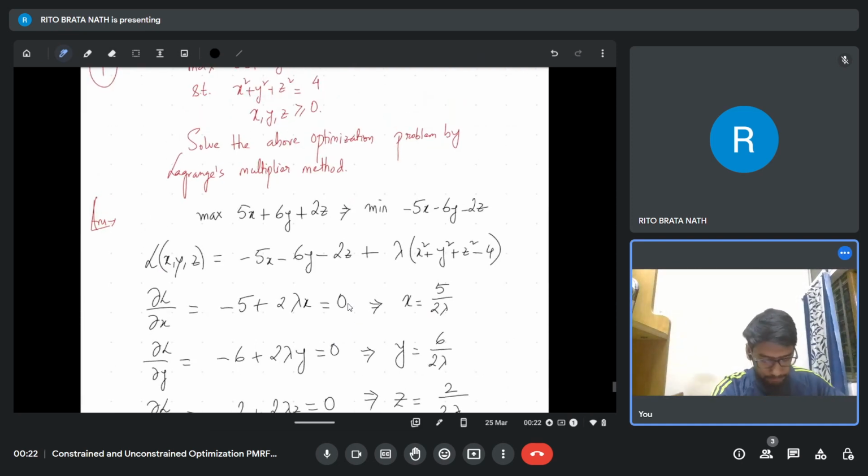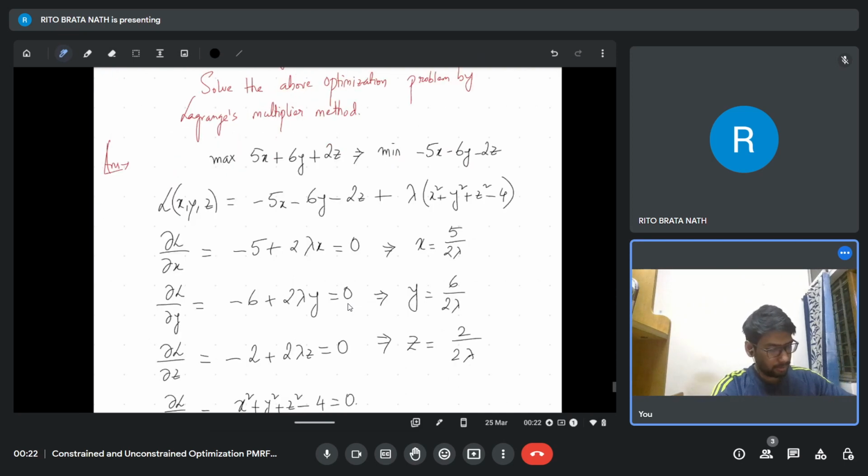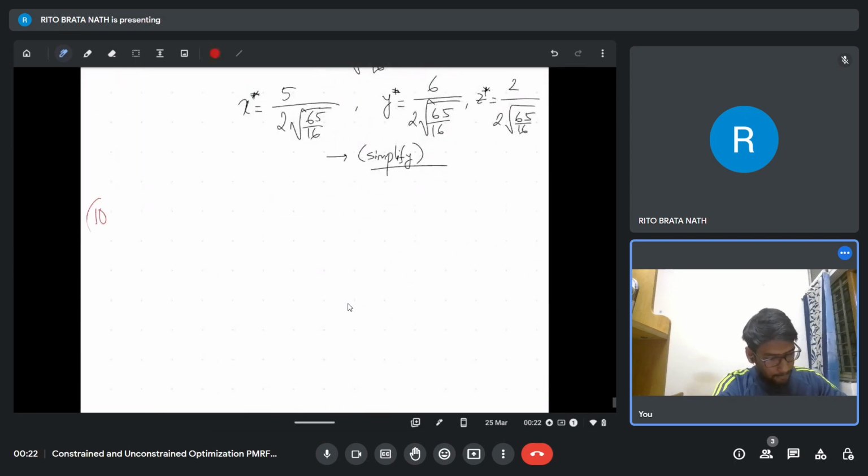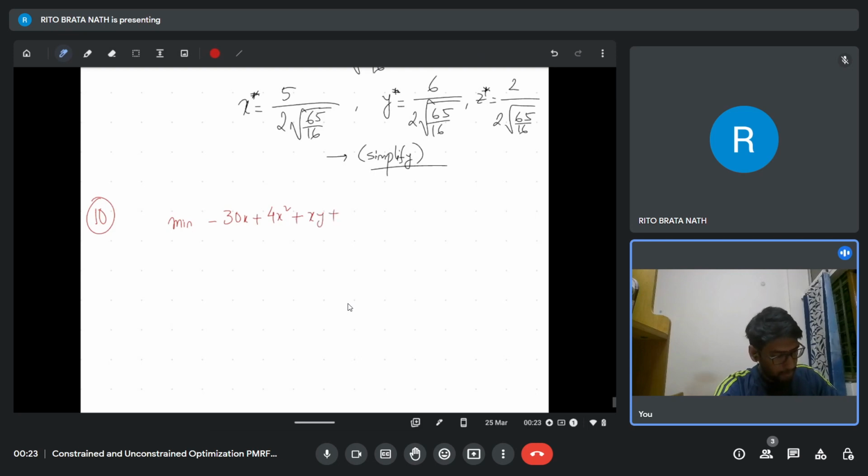And the final one, I'll just quickly give you an example. So it could be again, say, minimization of minus 30x plus 4x squared plus xy plus 3y squared minus 20y, subject to say x plus y equals 15 and x, y greater than or equal to 0.